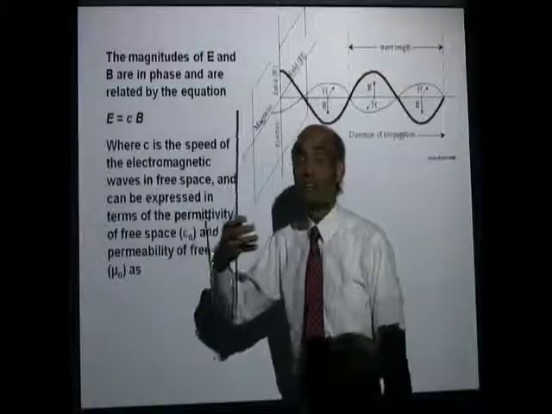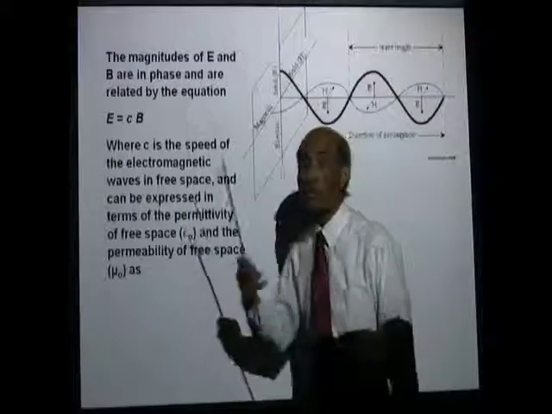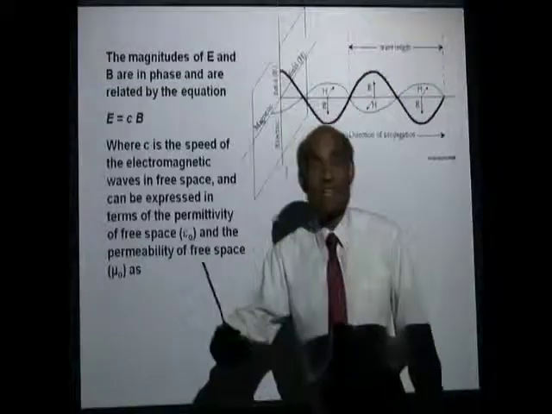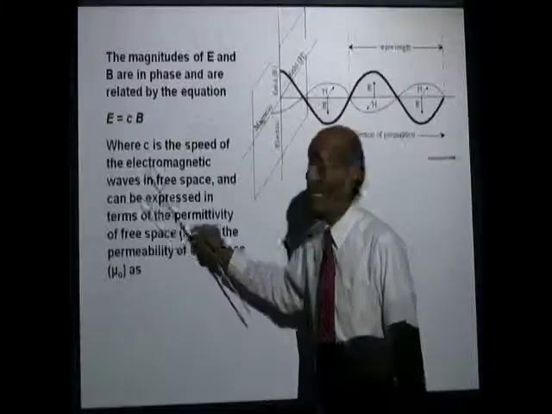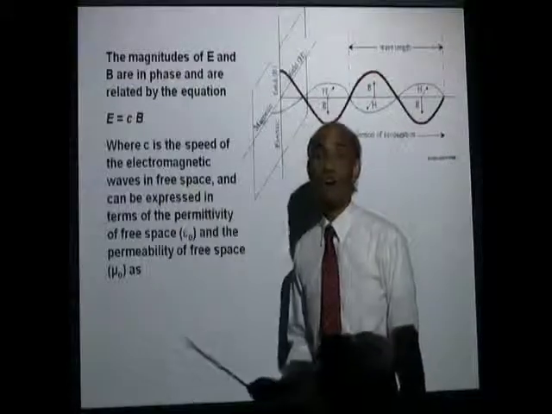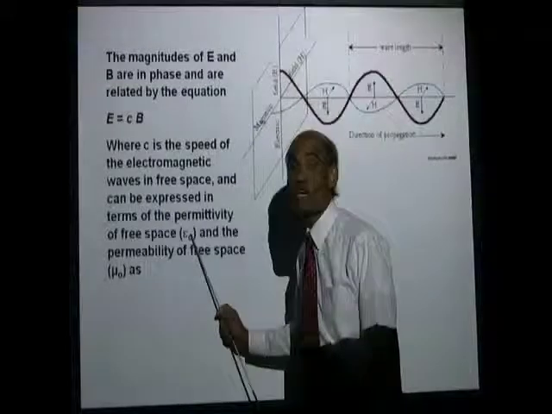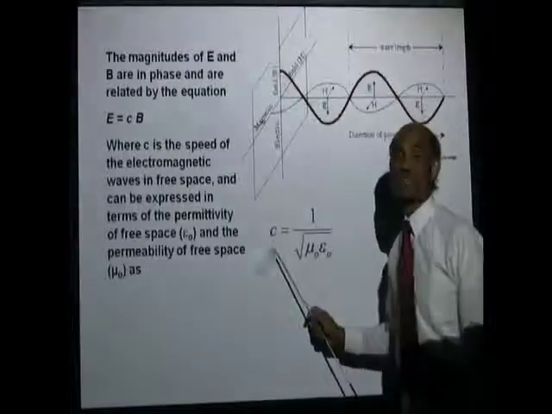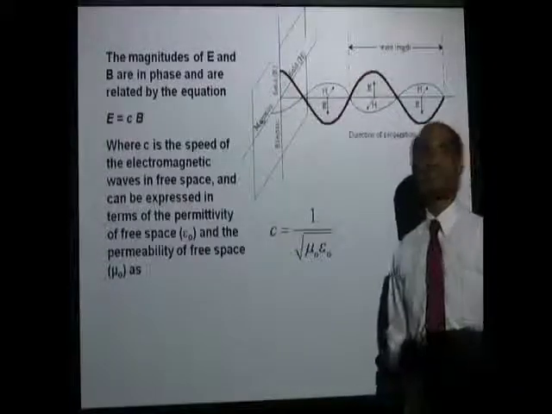Epsilon naught is the permittivity of free space, and mu zero is the permeability of free space. You can see here electric property, magnetic property, electromagnetic property. So c is the speed of electromagnetic waves, and this speed can be expressed in terms of epsilon naught and mu zero, like this: c equals 1 over the square root of mu zero times epsilon naught.